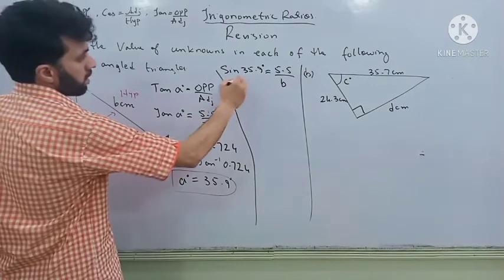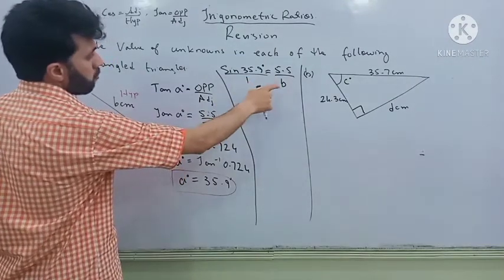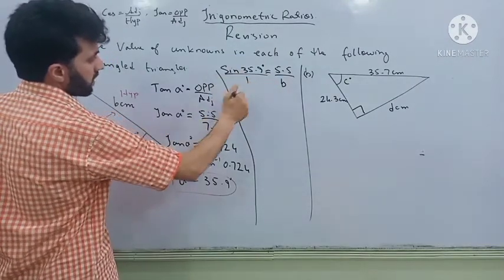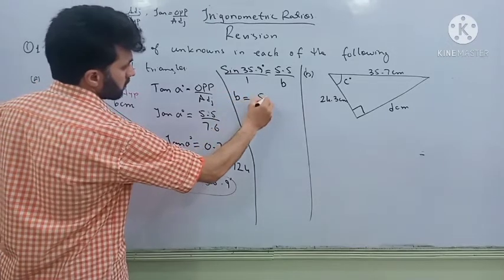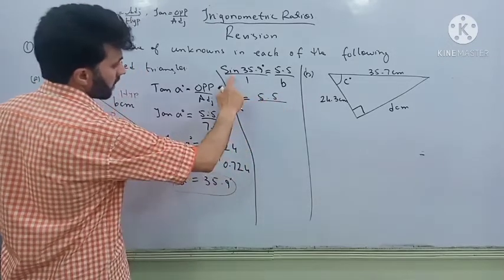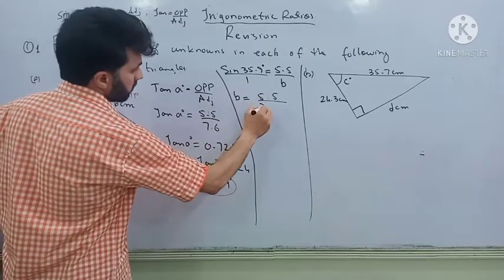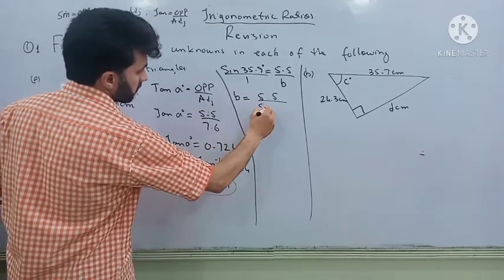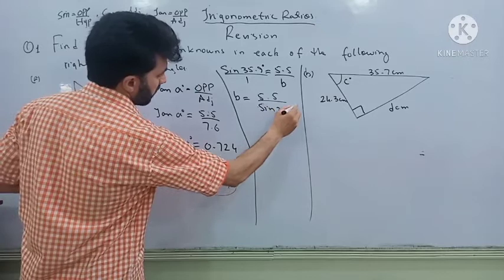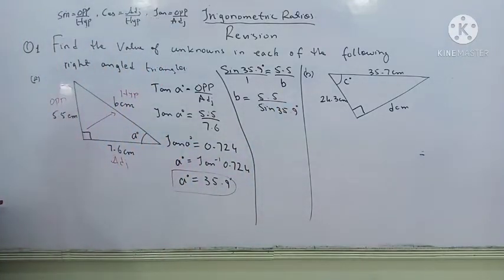So move B on the left side and move this sine 35.9 in the denominator. Sine 35.9, right? Now first of all find out sine 35.9.